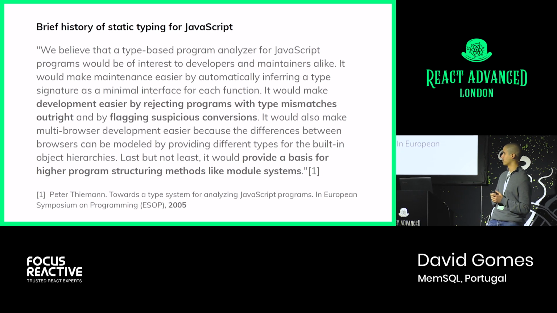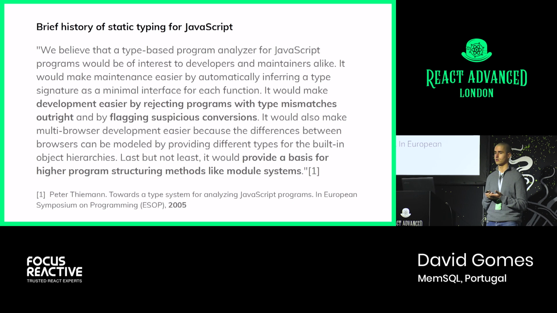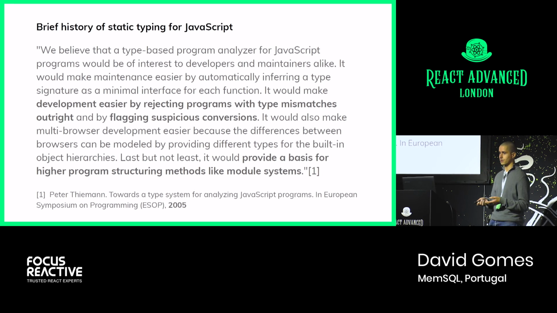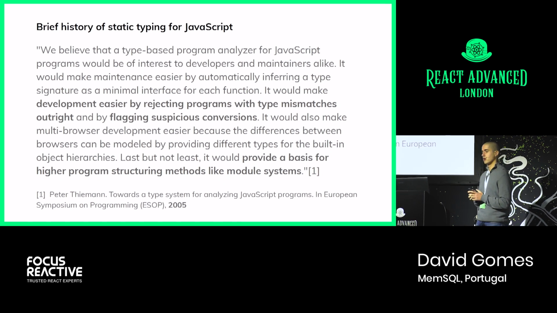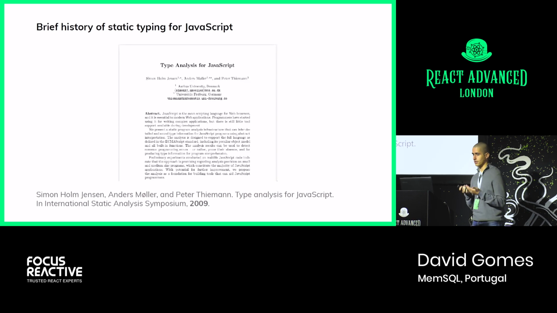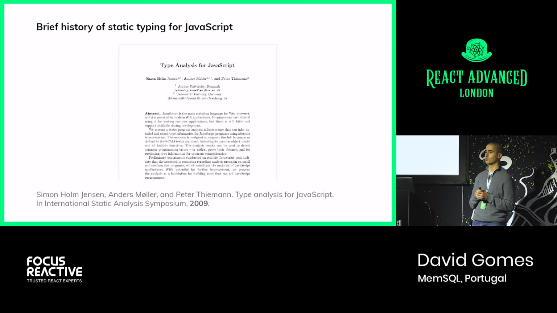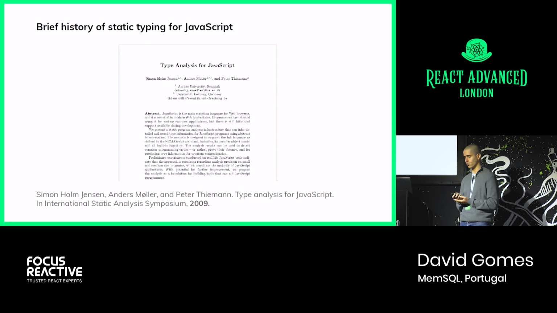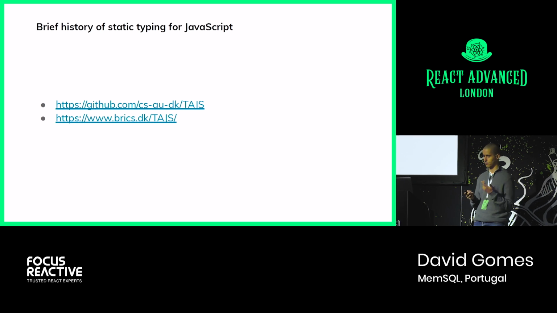And one interesting thing about this very first paper is that it was all very theoretical. It was all basically math. There was no prototype, it's just theory. However, 4 years later, Peter Thiemann again and some colleagues wrote the first type analyzer for JavaScript. This was in 2009. They wrote a tool called TAJS, and it still exists.